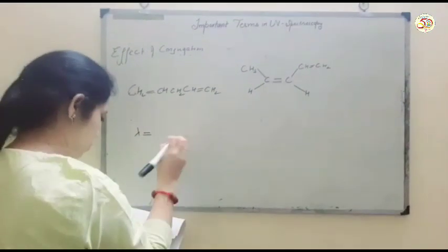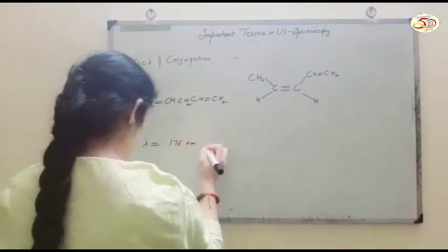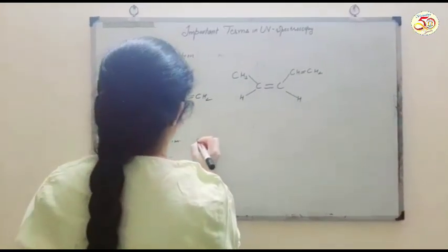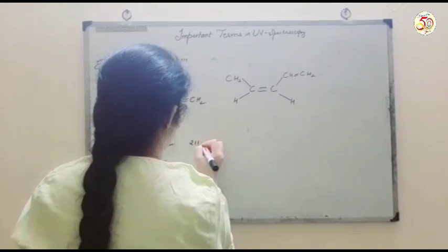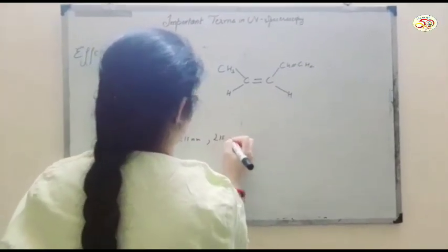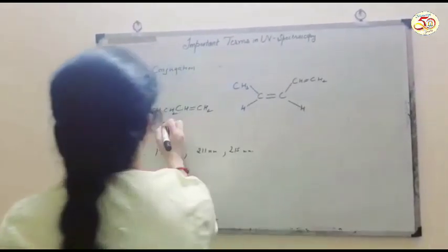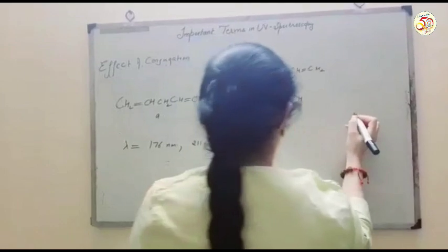Lambda equals 176 nanometer, 211 nanometer, and 215 nanometer for compounds A, B and C.